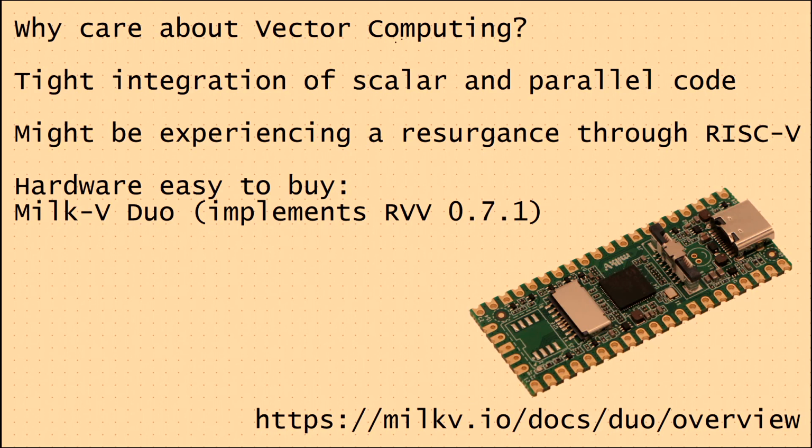Also, we might be experiencing a resurgence of vector computing through RISC-V. RISC-V has this vector extension, which is slowly finalizing and getting chips made for it, but with a pre-release version of it, 0.7.1, there is already hardware out there which implements this sadly outdated and in principle forever obscure subvariant of RISC-V, which is incompatible with the main thing.